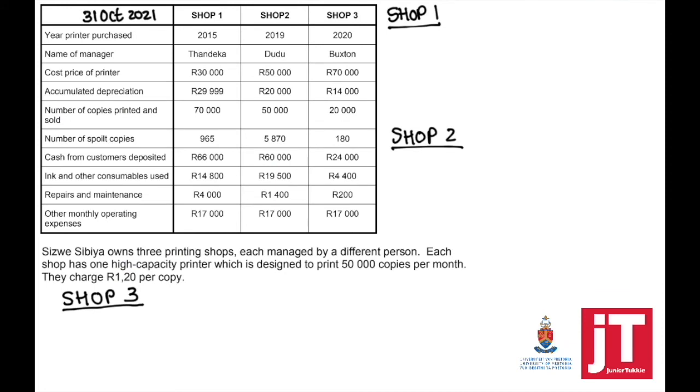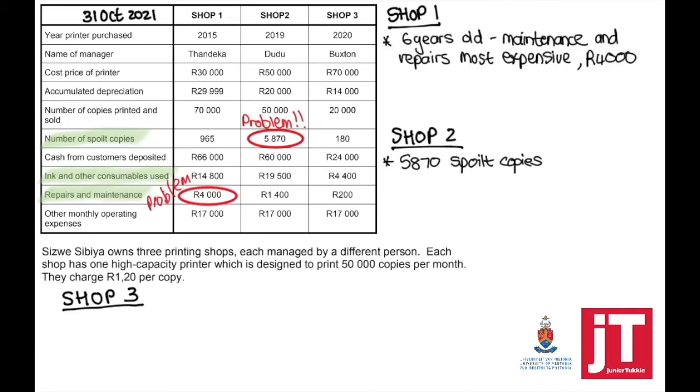Looking now at the number of spoiled copies, if I compare all the shops, shop number 2 has the highest amount, 5,870 copies are being spoiled. So I'm making a note of that. If we look at repairs and maintenance and we compare, shop number 1 is the highest amount spent.